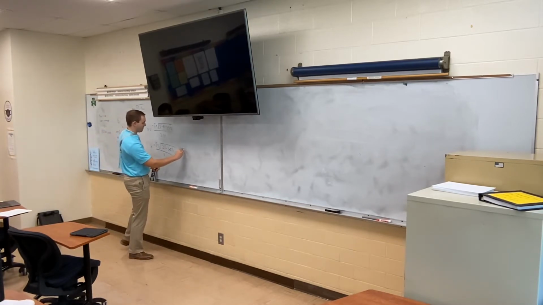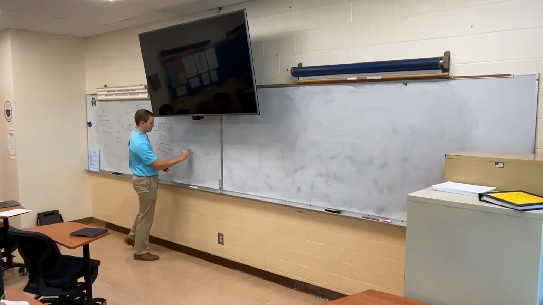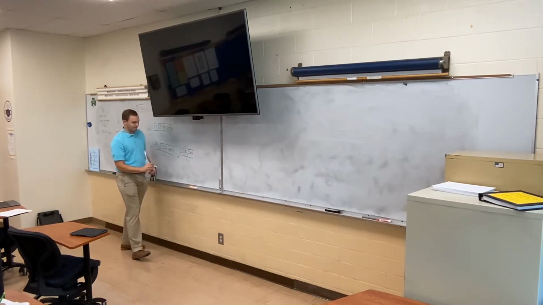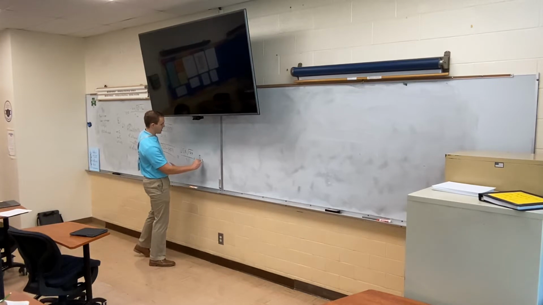So negative 5 plus or minus 25, that's what, 77? Yeah. All over 2. Okay. So my final answer is negative 5 halves plus or minus the square root of 77.